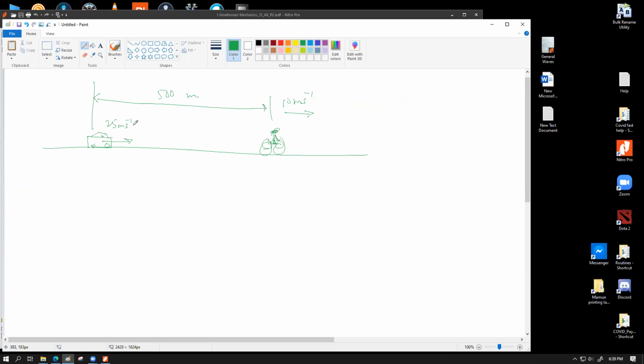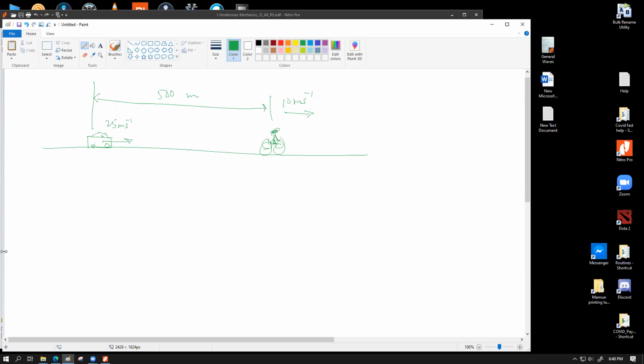So evidently what will happen, if the car does not slow down, it will eventually hit the bicycle. It's a single lane, so there is no way they can move around. So if the car does not slow down, sometime after, the car will obviously hit the bicycle.